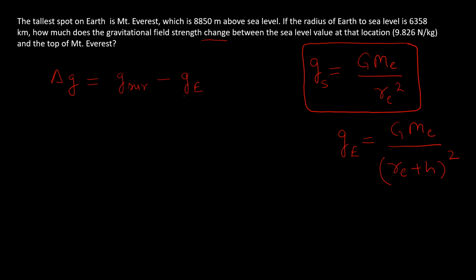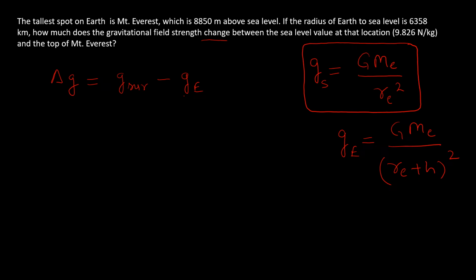Now one important thing: if we are going to put in these big numbers, the capital G and M_E, then this relation will be very difficult to plug in and find the answer for this question.